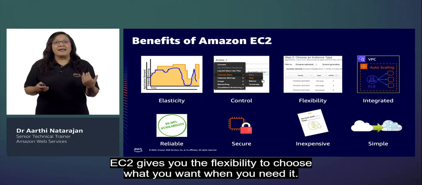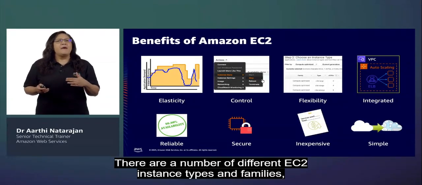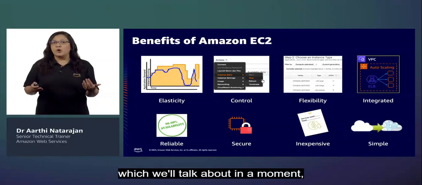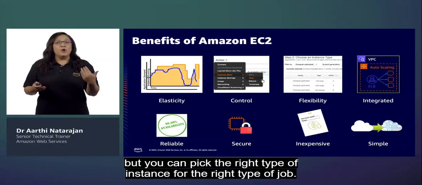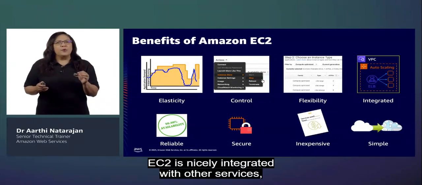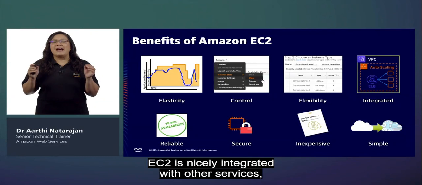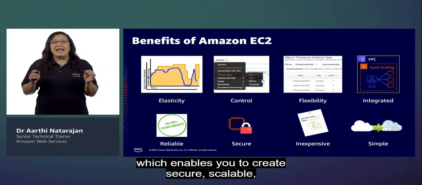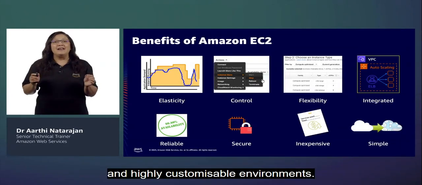EC2 gives you the flexibility to choose what you want when you need it. There are a number of different EC2 instance types and families, which we'll talk about in a moment, but you can pick the right type of instance for the right type of job. EC2 is nicely integrated with other services, which enables you to create secure, scalable, and highly customizable environments.